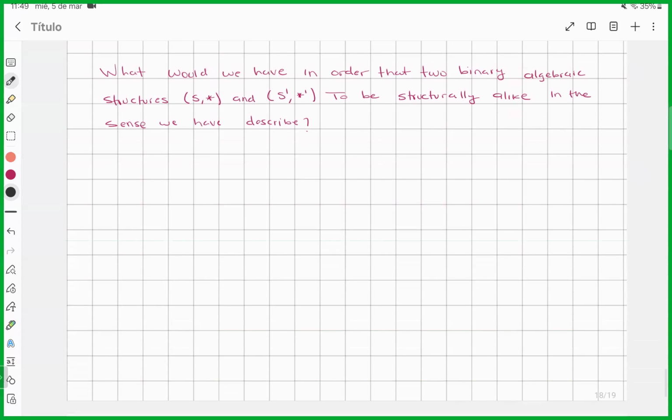Okay, so an important question here is the following. What would we need in order for two binary algebraic structures to be structurally alike in the sense we have described?